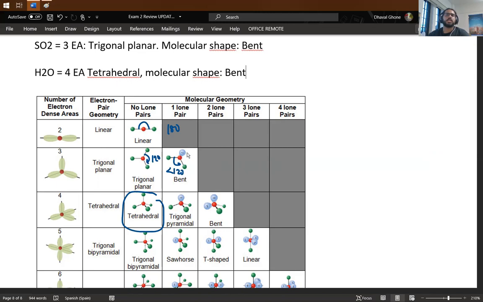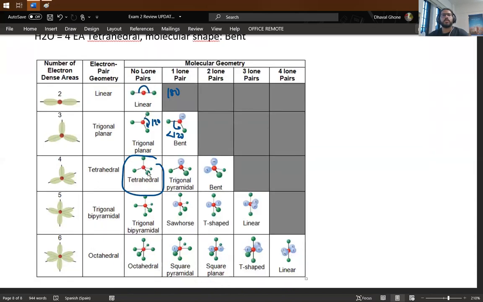Because the lone pair comes closer to the central atom, pushing the other bonds a little closer. For tetrahedral, it's 109, and then this would be less than 109, and this would be much less than 109. I think your lecture slides say this one is 107 and this one is 105 degrees. They're all in degrees.